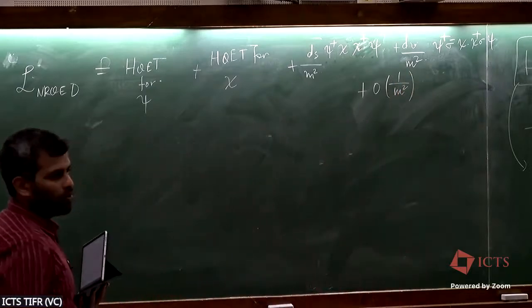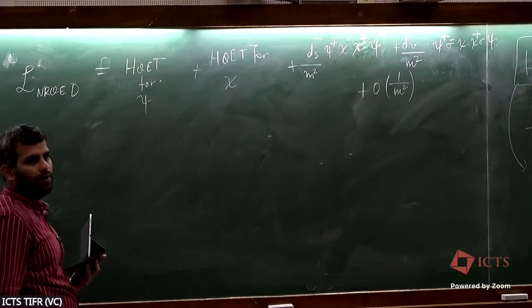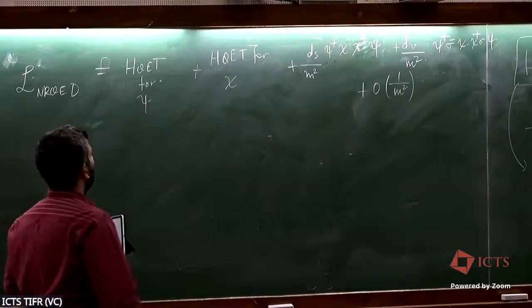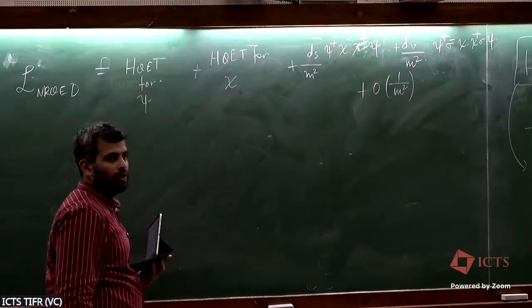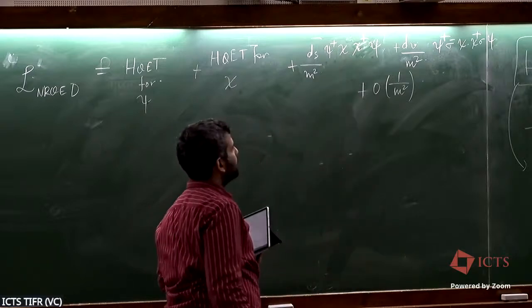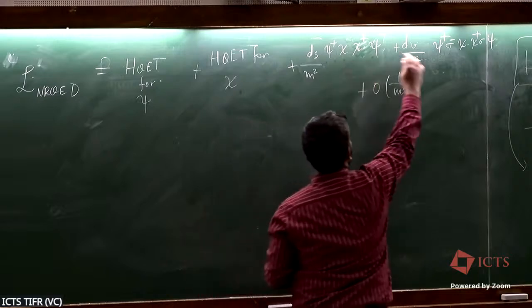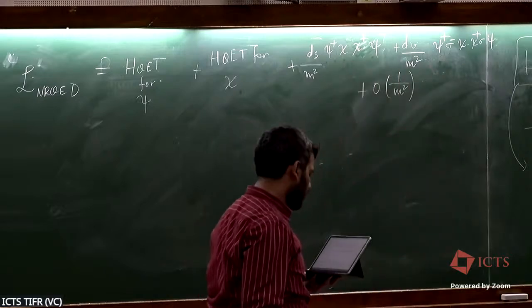So you don't need to be afraid here. I already showed you the HQET Lagrangian that we have for the case of quark. There would be an analogous term for the chi. I would have diagrams corresponding to 4 fermion interaction here. So this is one, this is another, accounting for the spin interactions.